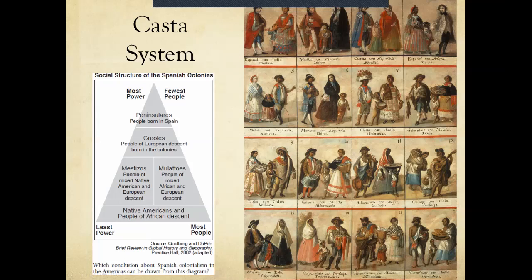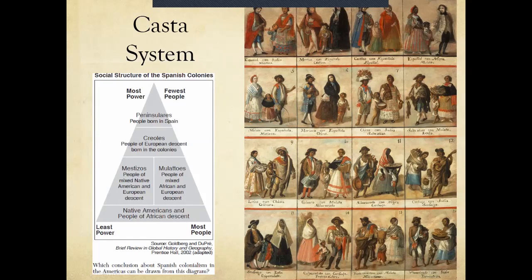So these peninsulars, if you were from the Spanish peninsula in Europe, you are of the highest class, you have the most power. If you are a second generation, right, someone of European descent, but not actually from Europe, you're next, and then you've got the mixed race. And so all of this goes along with legal rights as well. And then you've also got Zambos.